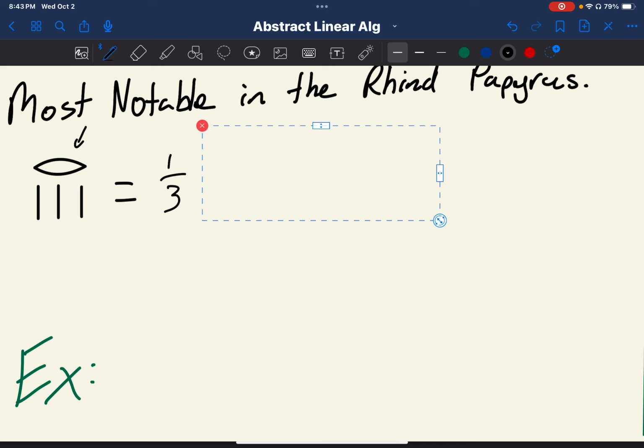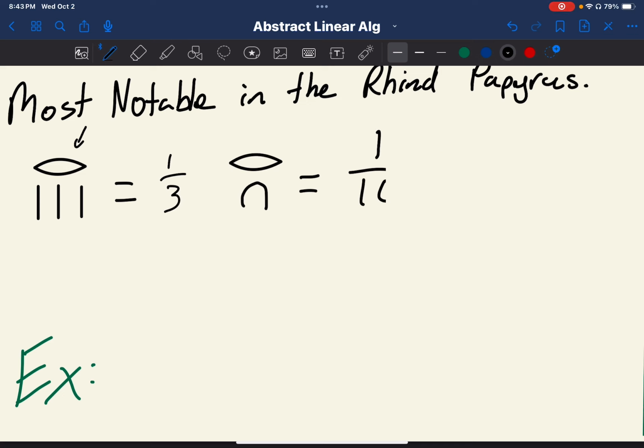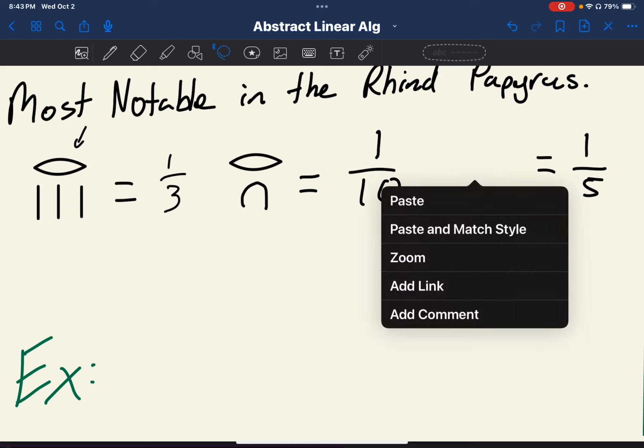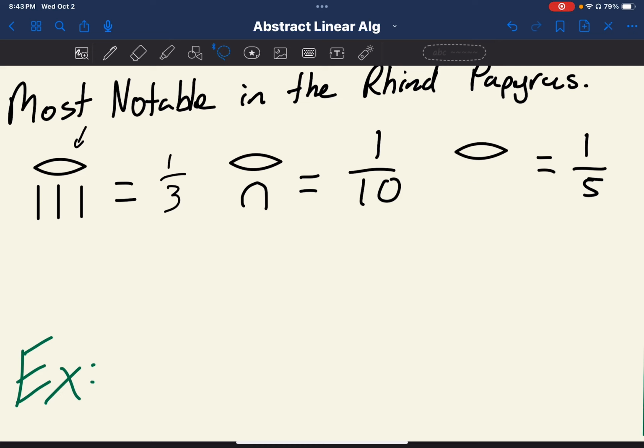And then over here, we have a special symbol for 1 over 10. It's this guy here. We don't want to write 10 dashes. And then to write 1/5, we take our little eye hieroglyph, and then we're going to have 5 dashes, my apologies.